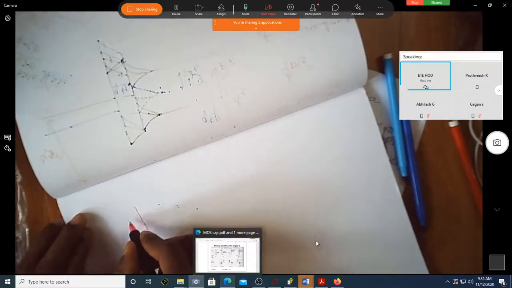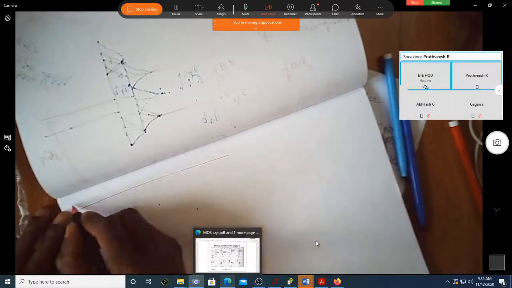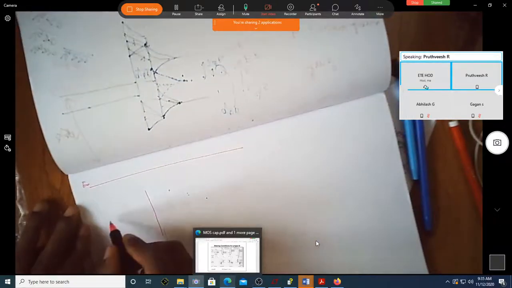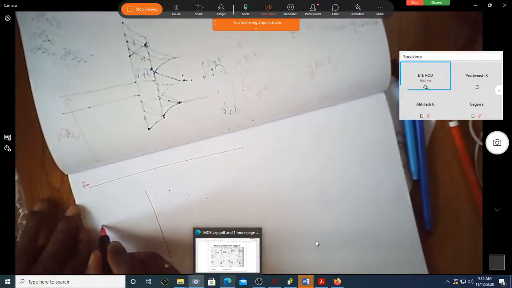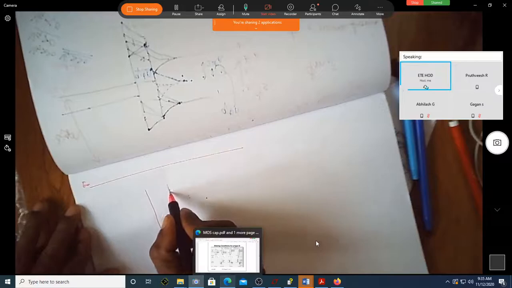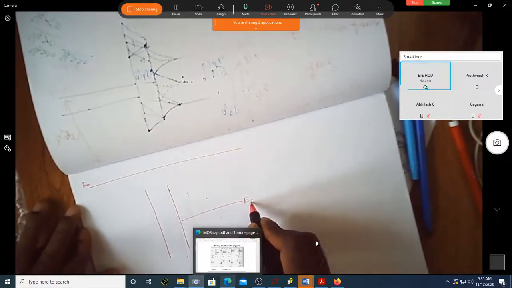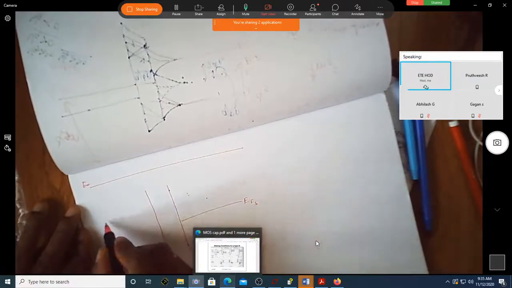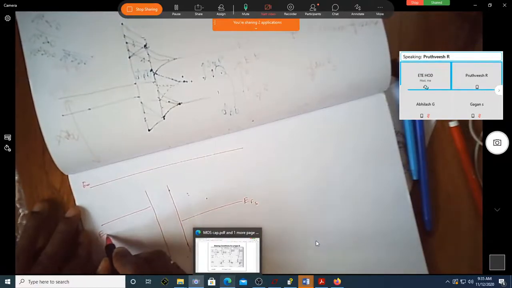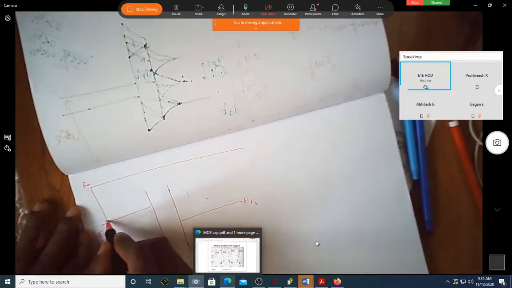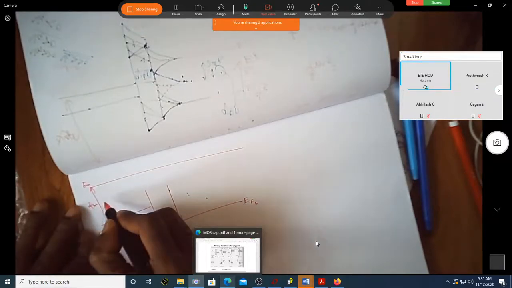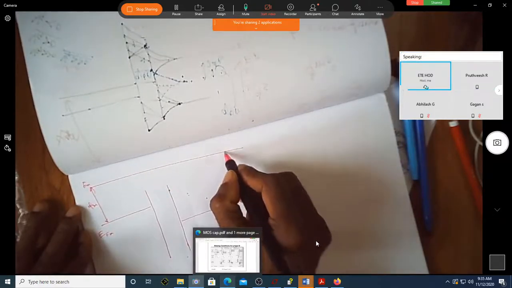So now this is your E0, the vacuum level. Let me write this as EF of the semiconductor. This is EF of metal. Can you see this? Phi m, this is phi s.